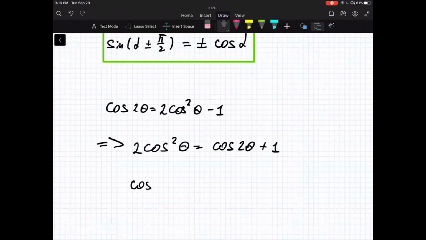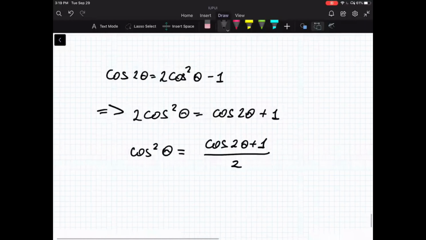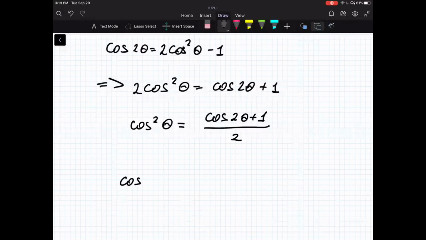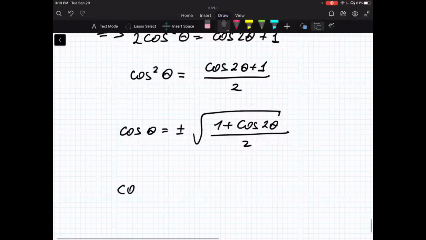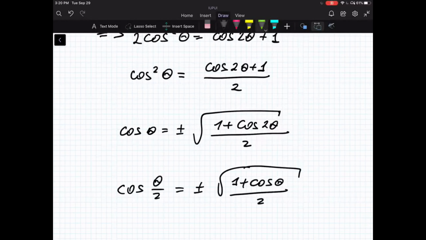So cosine squared of theta is equal to cosine of 2 theta plus 1 over 2. And thus, cosine of theta is equal to plus minus square root of 1 plus cosine of 2 theta over 2. Or if you plug instead of theta, theta divided by 2, you will get cosine of theta over 2 is equal to plus minus square root of 1 plus cosine of theta over 2. And this is called half angle identities.